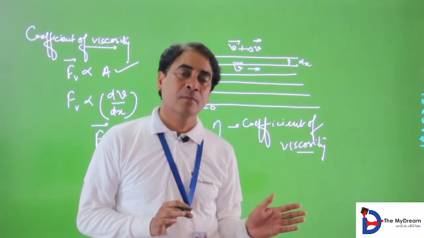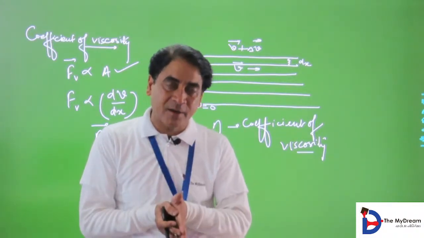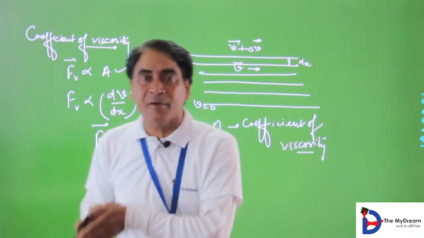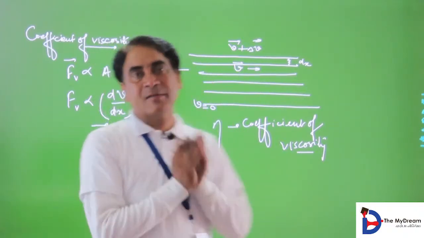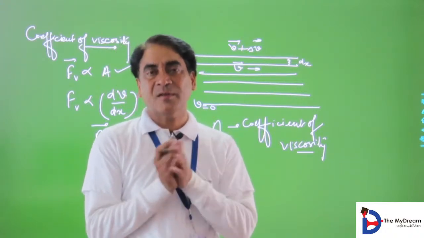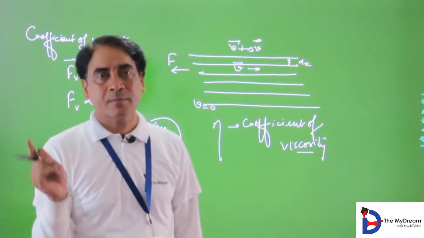Understand? Friction does not depend upon the area of contact, it depends upon the normal reaction. Whereas viscosity depends on the area of contact, not on the normal reaction.